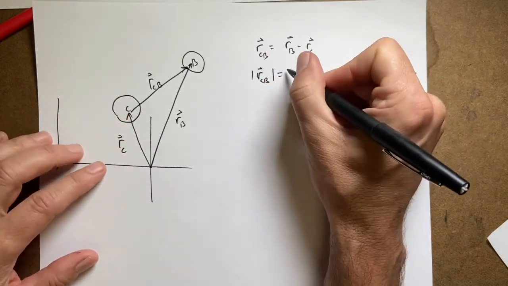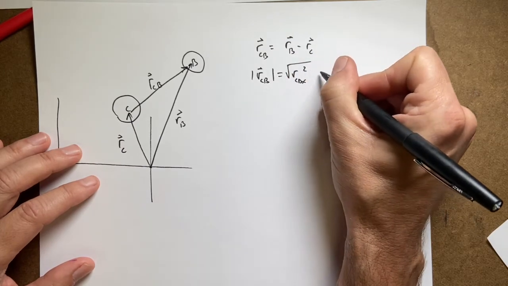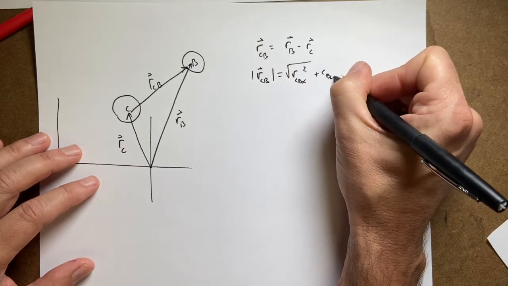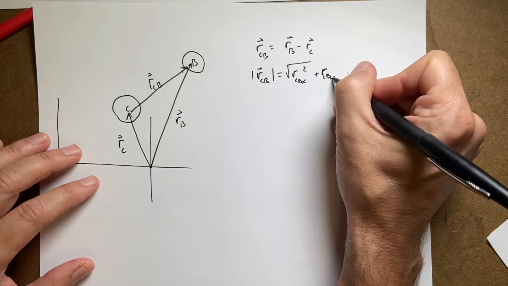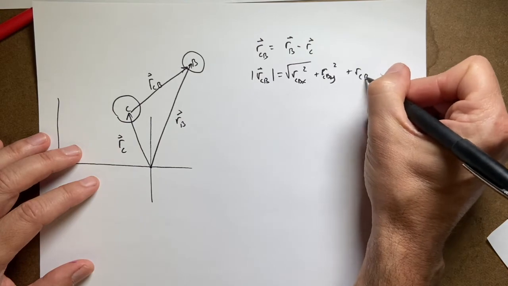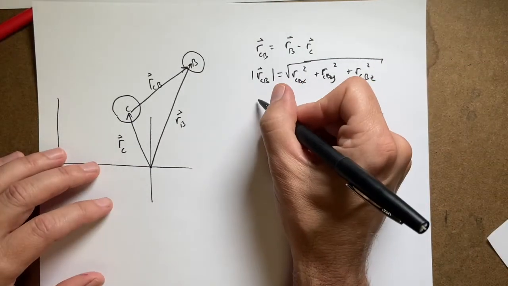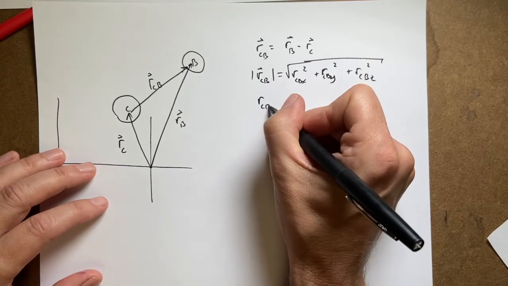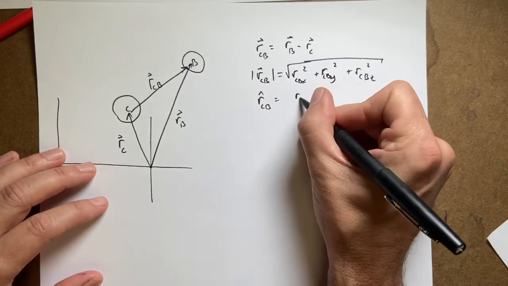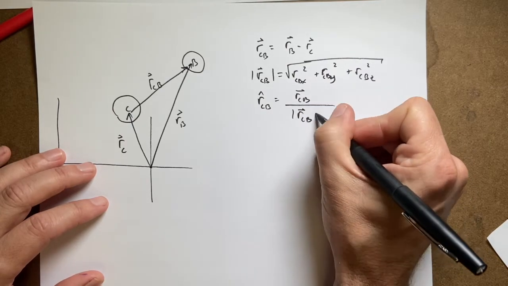It would just be the square root of RCB x squared plus RCB y squared plus RCB z squared. But I can do that in Python. It's not a big deal. I also need to find RCB hat, and that's just going to be RCB divided by the magnitude of RCB.